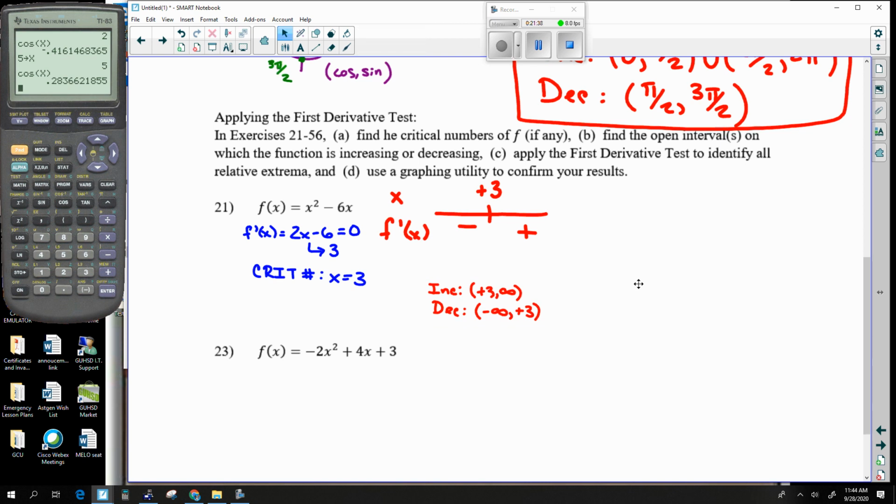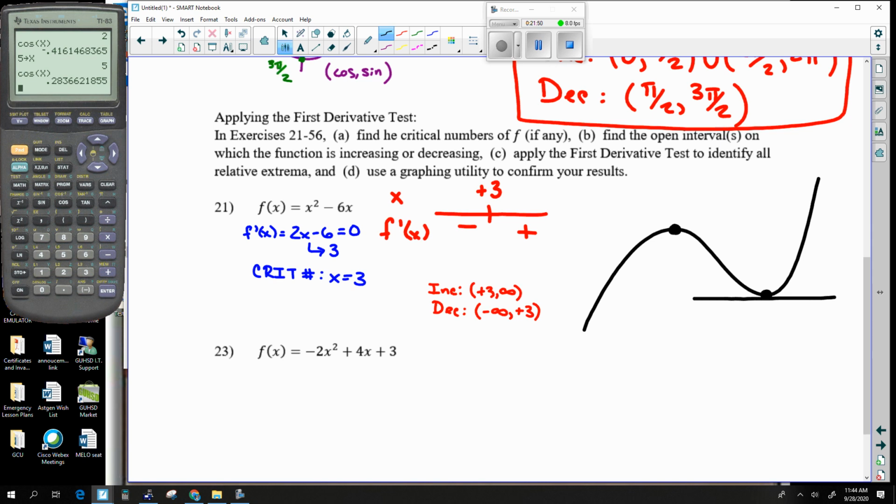All right. So think of a graph. You may recall that on a graph, when you have a max or a min, the derivative is going to be equal to 0. So that's what we began with, is where derivatives are equal to 0.